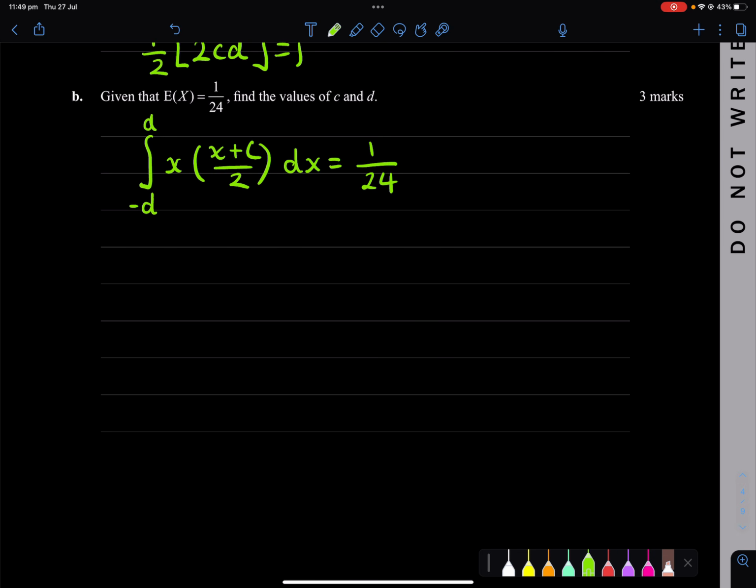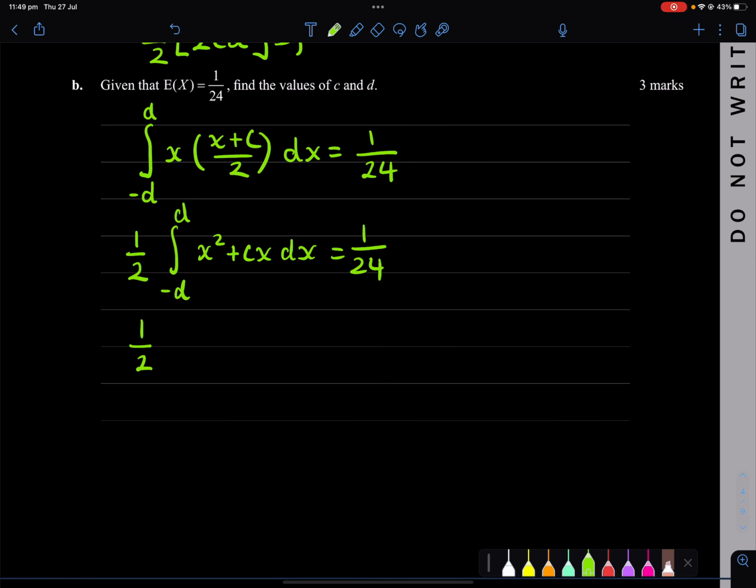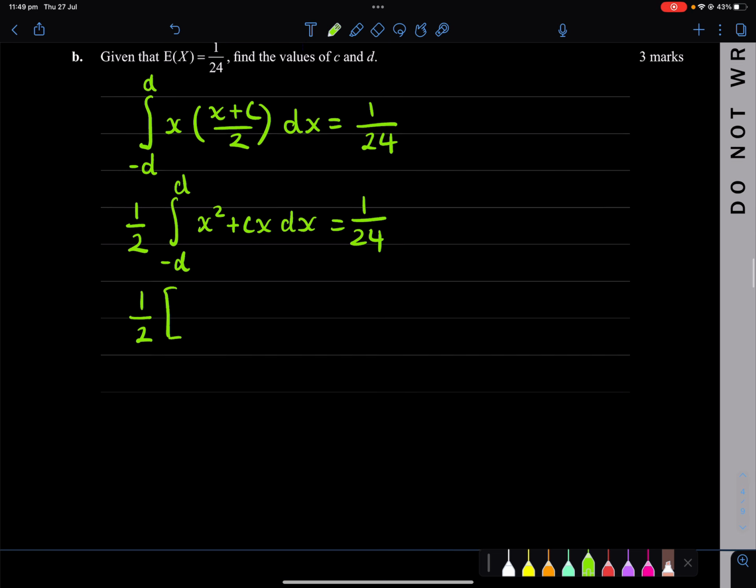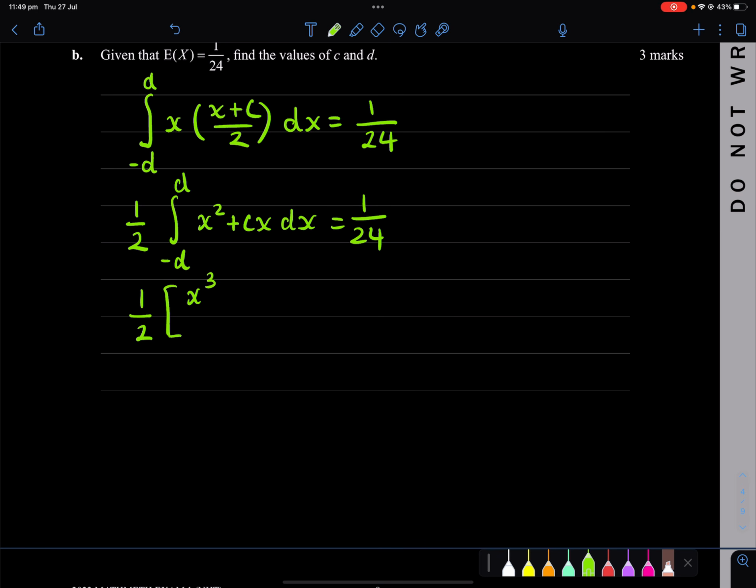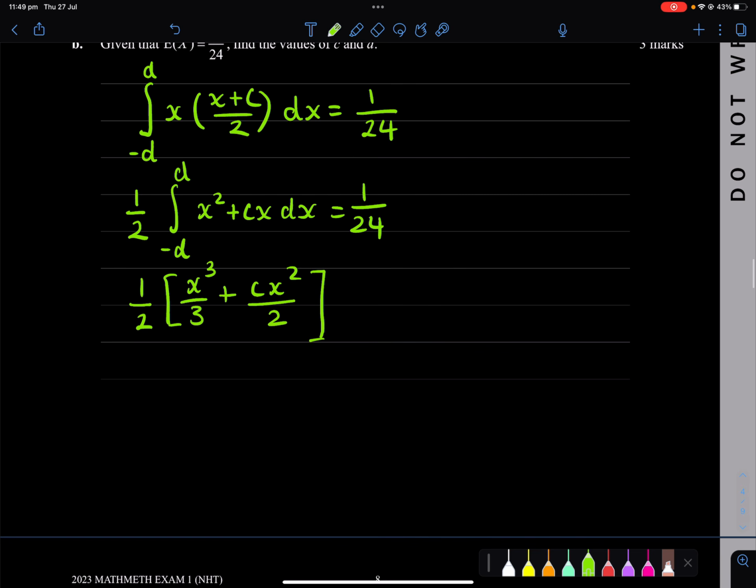So doing this, I can take the half out, and I'm just going to expand everything out. So it will be the integral of x squared plus cx dx equals 1 over 24. So 1/2, and then it'll be x cubed over 3 plus cx squared over 2, and it's all equal to 1 over 24.